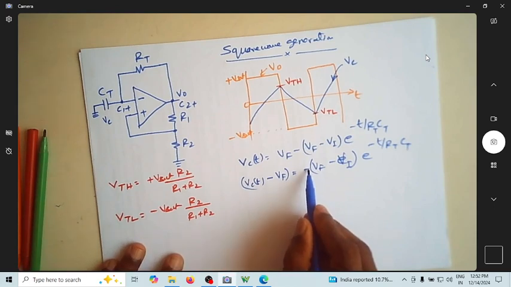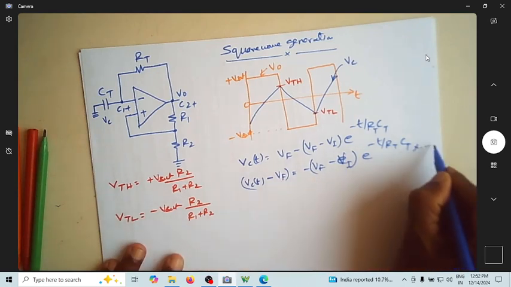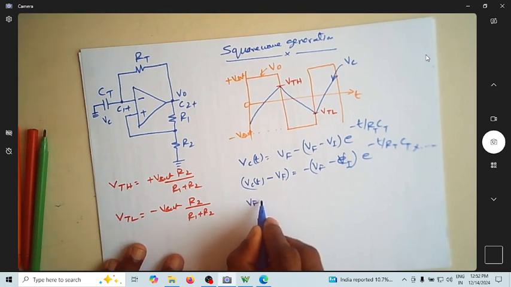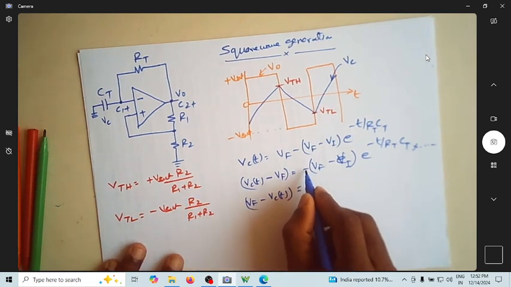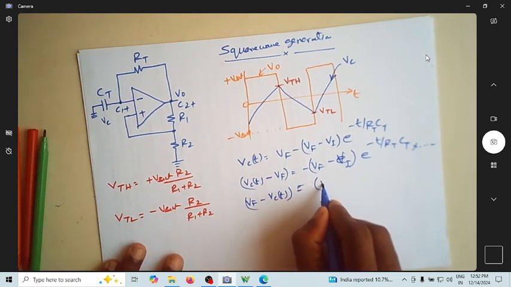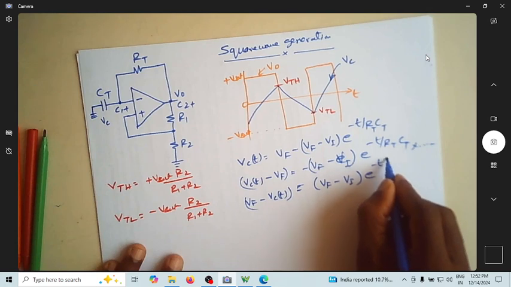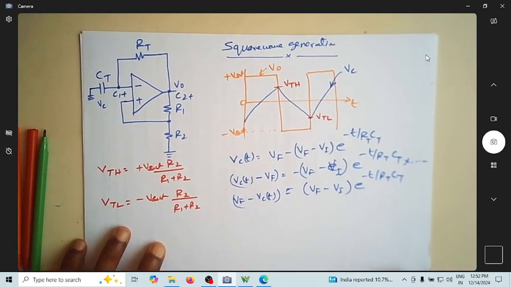There is a negative sign here, so let me multiply on either side by a negative sign. Then this will become Vf minus Vc of t, and this will become plus Vf minus V initial e power minus t by rt ct. So this will be the expression.